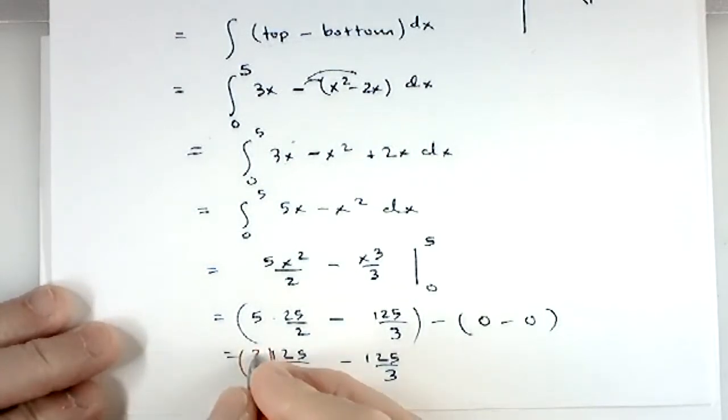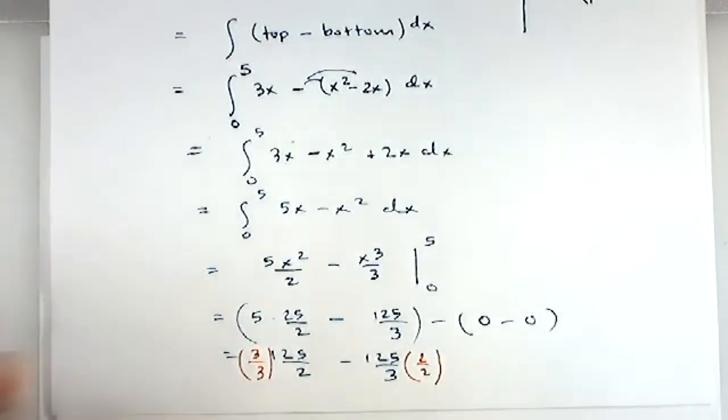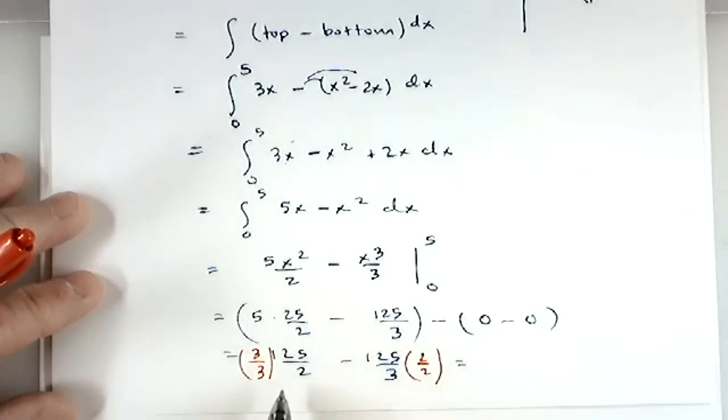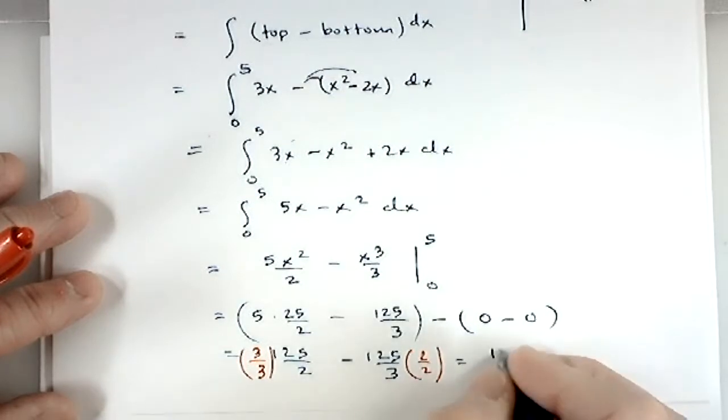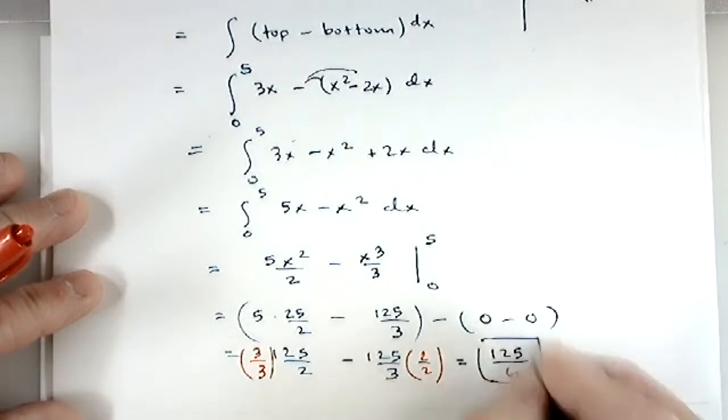I multiply this one top and bottom by 3, this one top and bottom by 2. That's going to be 375 minus 250. I think that's 125 over 6, if I'm not mistaken.